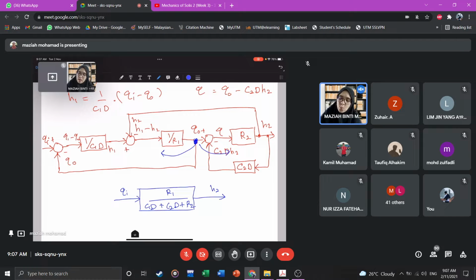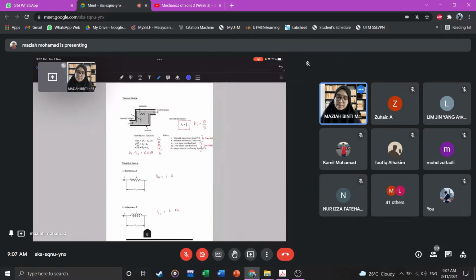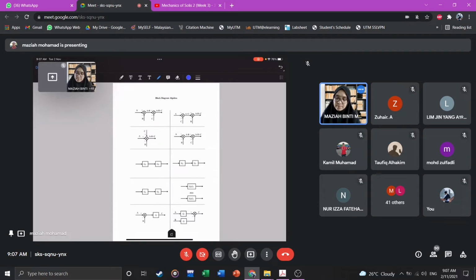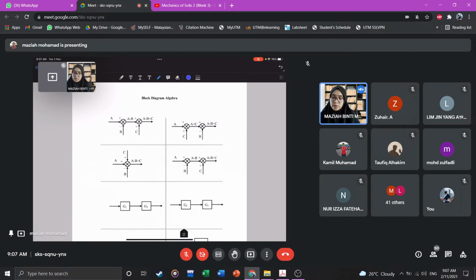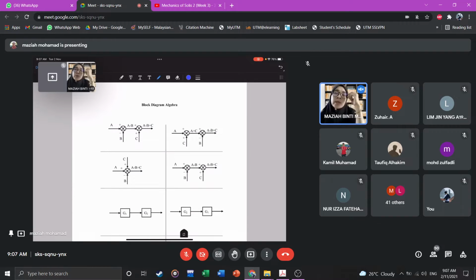Maybe we need to move this to somewhere else. We can solve the feedback loops. So we will do those steps and eventually we will get the final transfer function. All right, so these are the basic rules, the concept in block diagram manipulation methods.